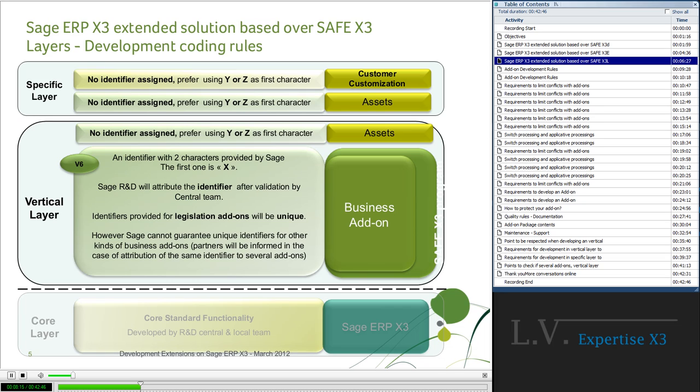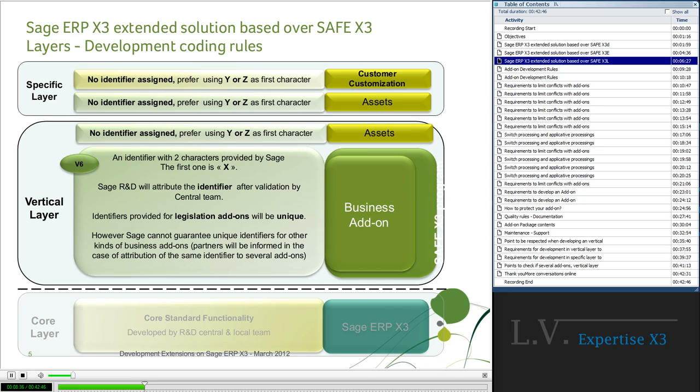We don't have a lot of identifiers to give, so the priority is to give them for legislation add-ons, and Cateno will explain that. Yes, I just want to give you information.